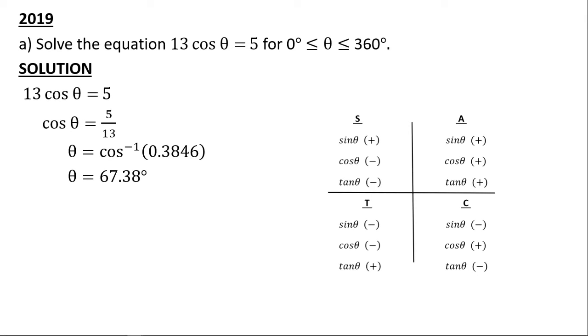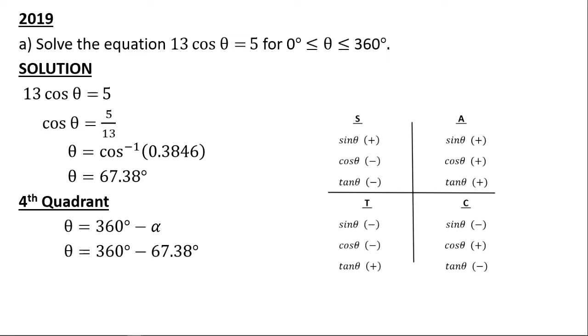Our theta will be equal to 67.38 degrees. That is in the first quadrant. Then we have to find theta in the fourth quadrant. We are going to say theta equals 360 degrees minus alpha. Where there's alpha, we'll replace our 67.38 degrees.